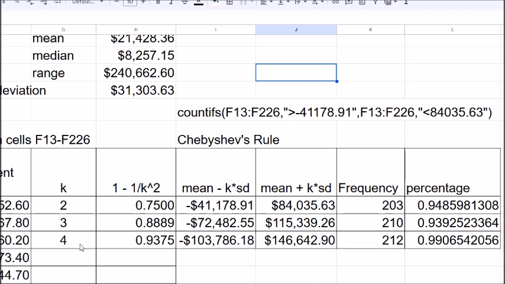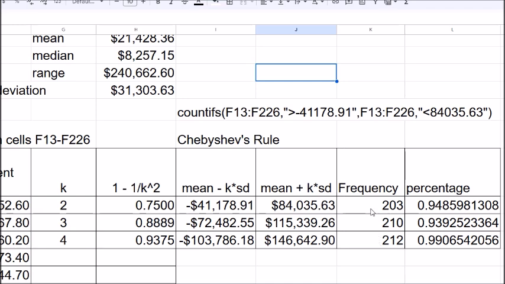And then when k is 4, we have 1 minus 1 over k squared is 0.9375. Mean minus k times standard deviation is this number, and mean plus k times standard deviation is this number. And now let's get Google Sheets to count the number of GDP per capita data values between these two numbers. It'll be 212 out of 214.